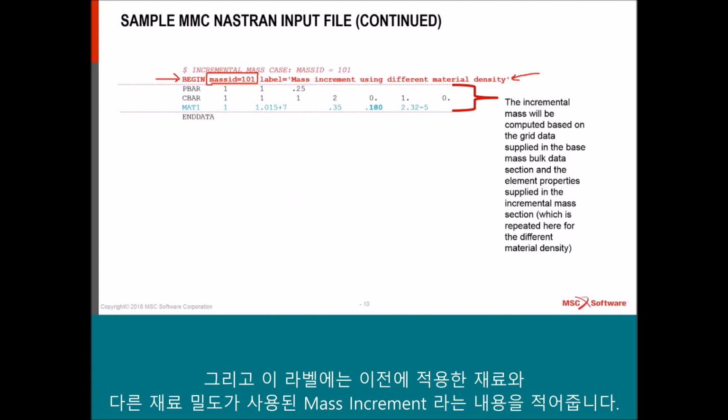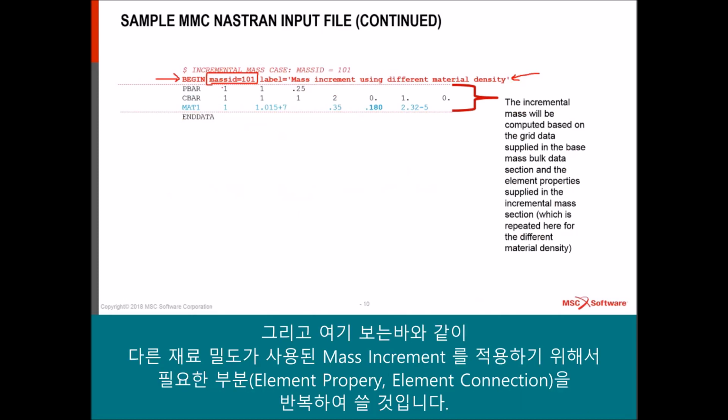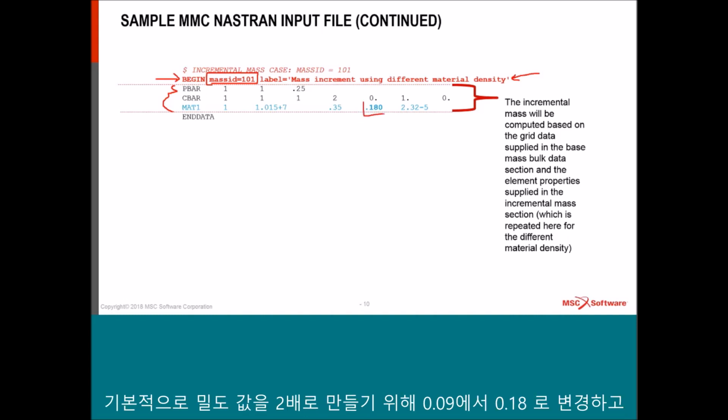I'm doing a mass increment using a different material density. And as you notice here, I am repeating what is needed to define this mass increment that has a different density for this iteration of my model. So I'm just doubling the density to 0.18 instead of 0.09.